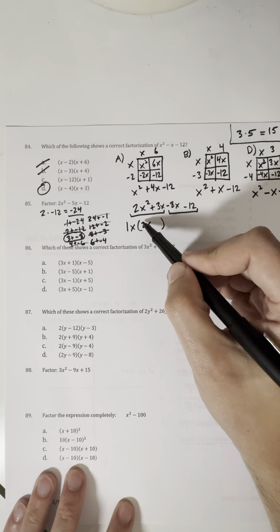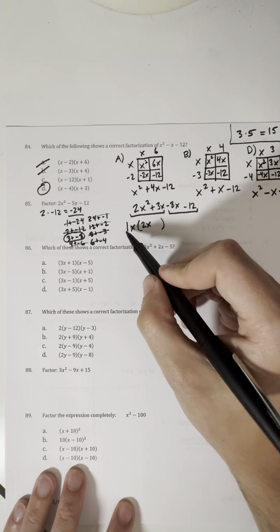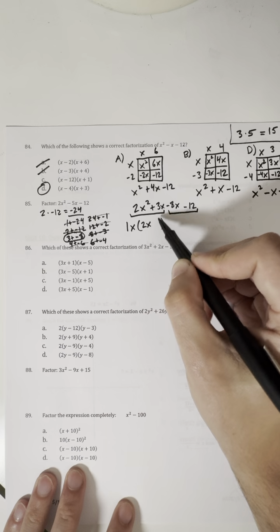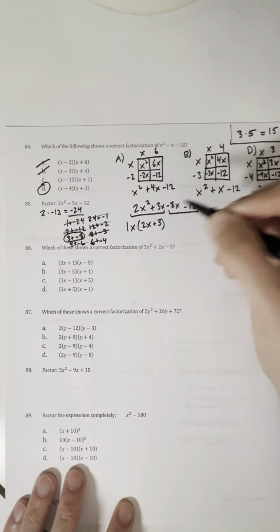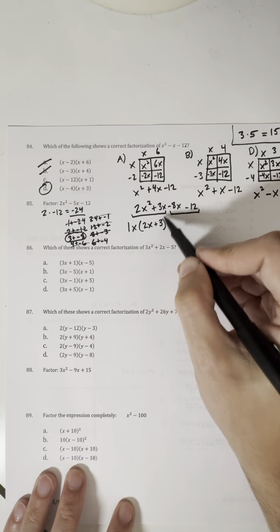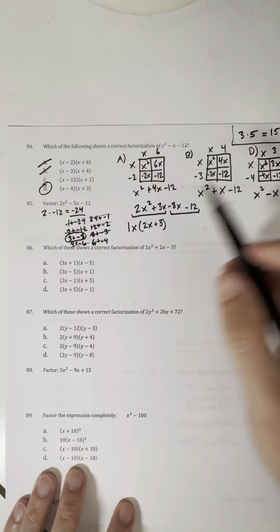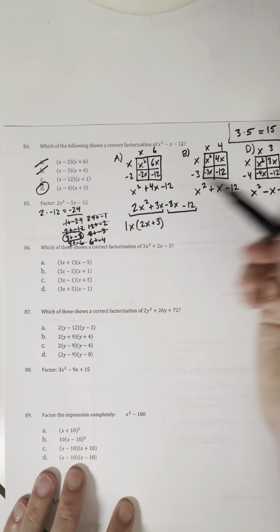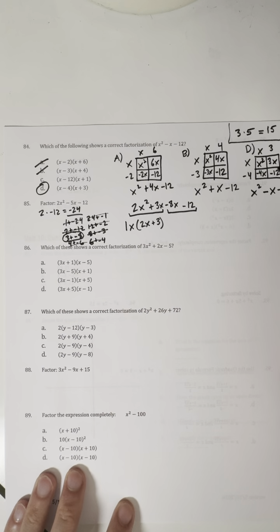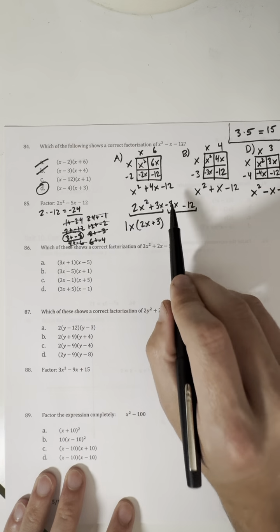So this is like the opposite of distribution. Then I want 1x times something gives me 3x. Well, 1 times 3 is 3, and x I already have, so I'm good. So you can now notice if I do 1x and I distribute it, I get 2x squared plus 3x. So I'm like reverse distributing. Similar kind of thing here.